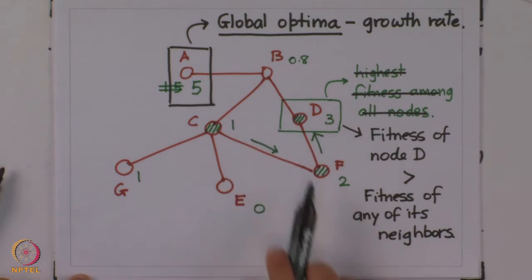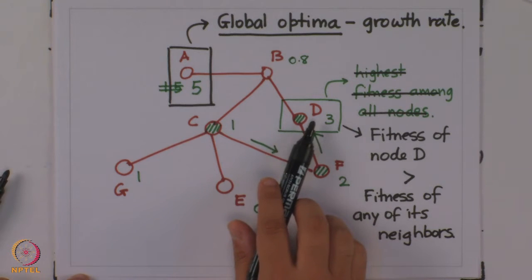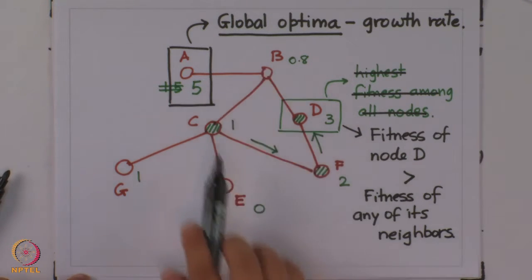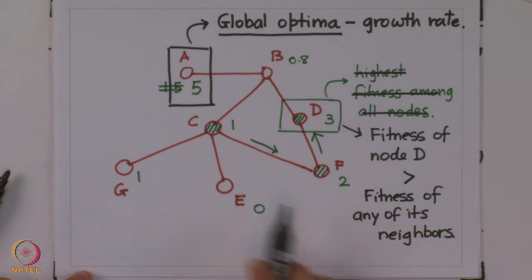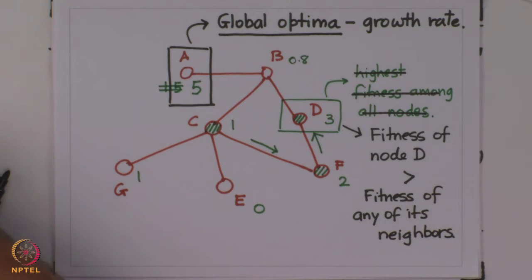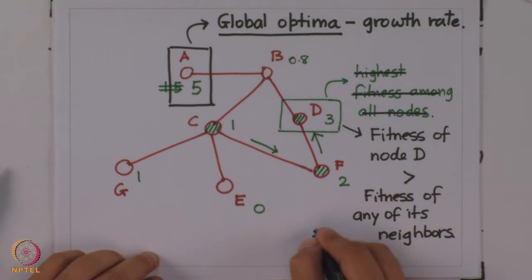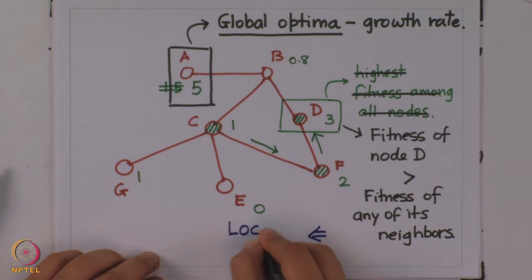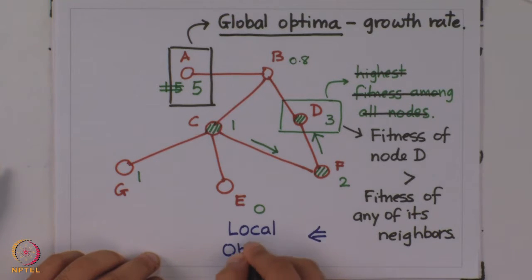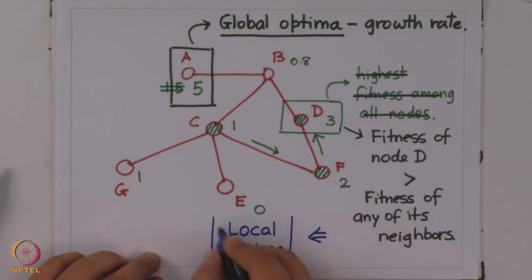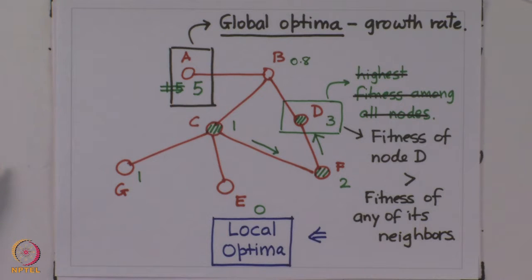So, D has two neighbors here, B and F, and the fitness corresponding to node D is more than that of node B or node F. Hence, this result holds for node D, and whenever that holds, we say that that particular node is a local optima. And local optima will have consequences in terms of how populations move on fitness landscapes, something that we will come to a little bit later on.